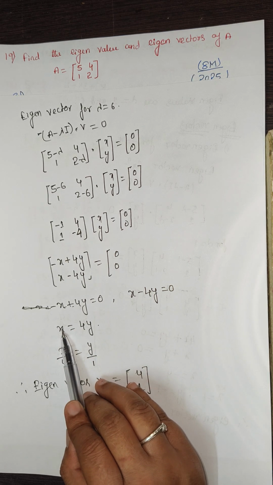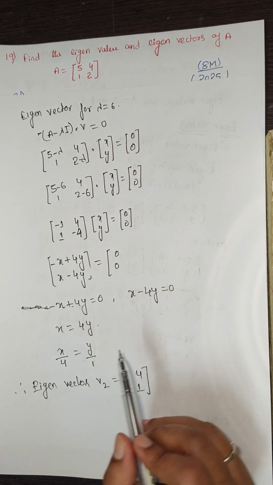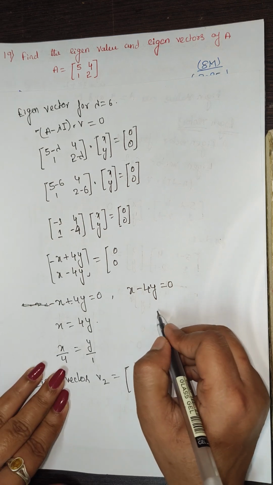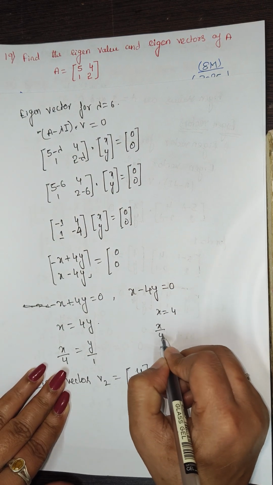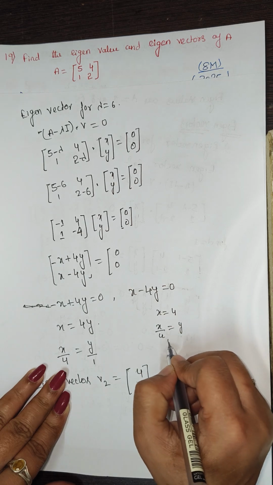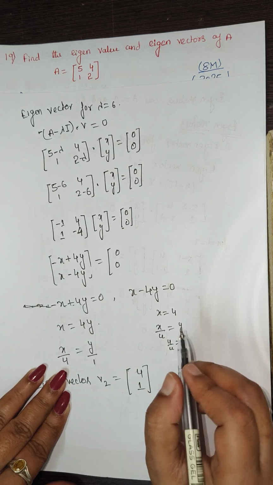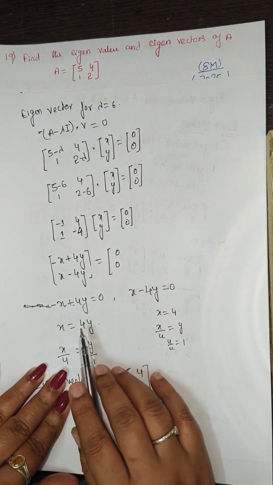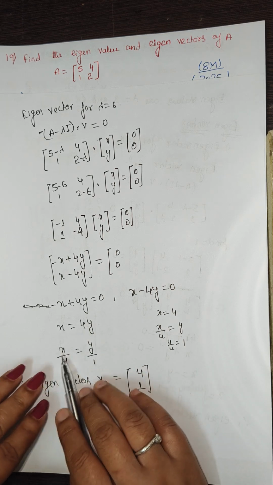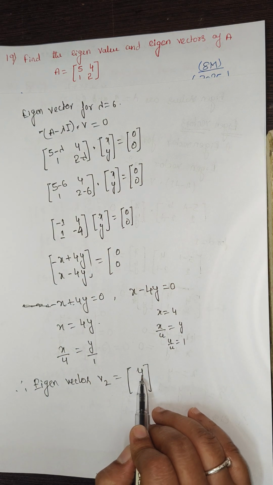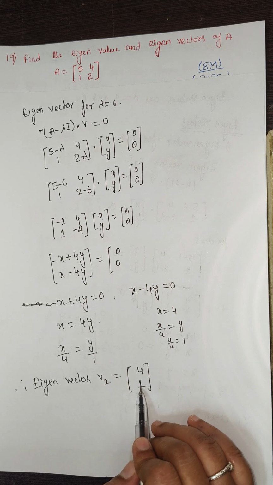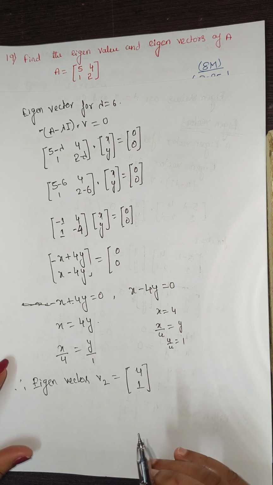Suppose you took x equals 4, then y becomes 1. Let x equals 4, then x by 4 equals y, so 4 by 4 equals 1. Otherwise you send the coefficients like this: the x denominator comes first, then the y denominator comes second, for the eigenvector.